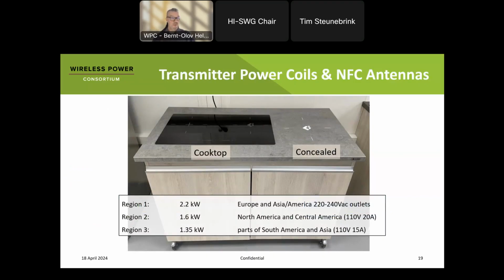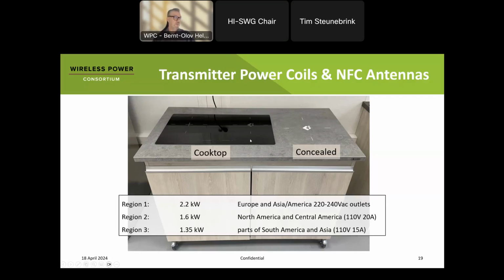So, another picture of how it could be implemented. This is the traditional induction hob on the left side. There are two different types of Ki transmitter defined today, the cooktop and the concealed version. The concealed is hidden in the workbench. The cooktop has a look similar to induction hobs, and it's hidden under the ceramic glass.